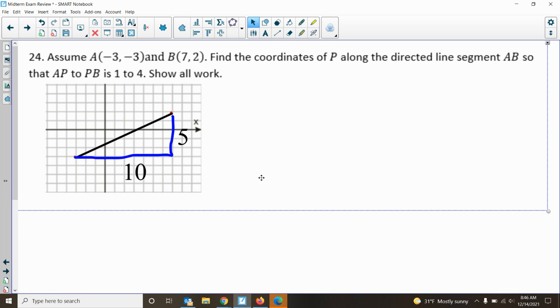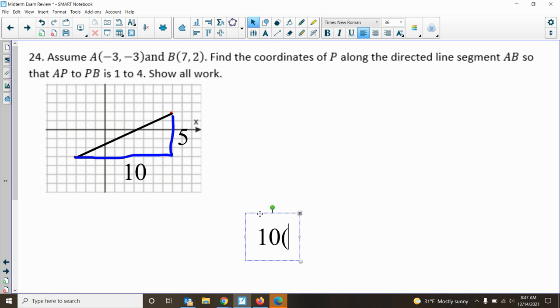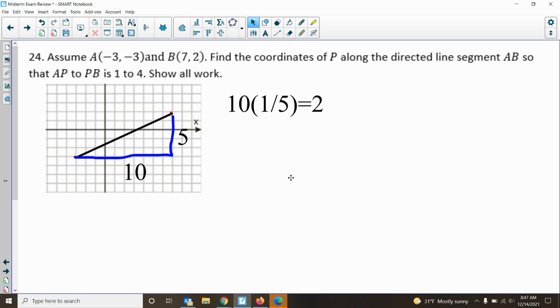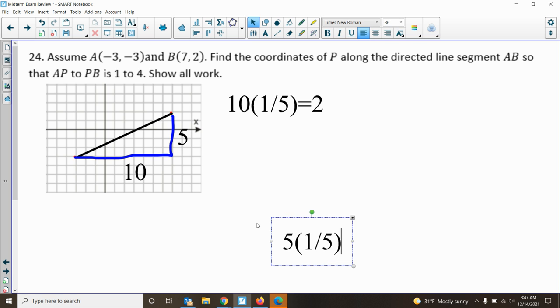So what I'm going to do here is find out what these lengths need to be. I'm going to take 10 times 1/5, which gives me a length of 2. Okay. That means horizontally, I'm going to have to move right 2 units. And now vertically, I only want to go 1/5 of 5. So I'm going to take 5 times 1/5, and that's just 1. Okay.